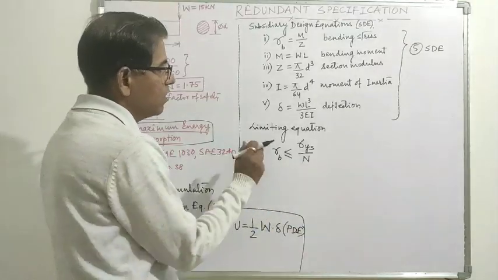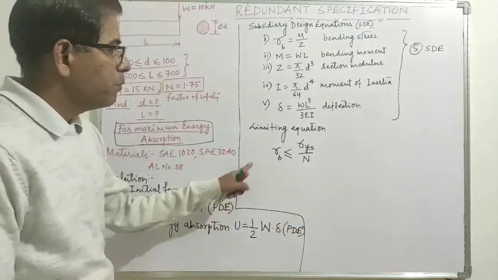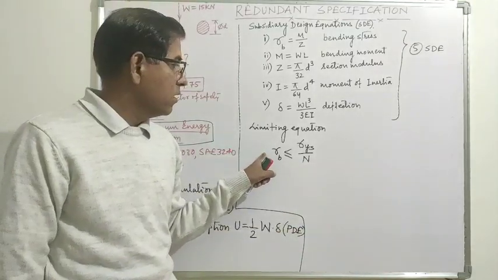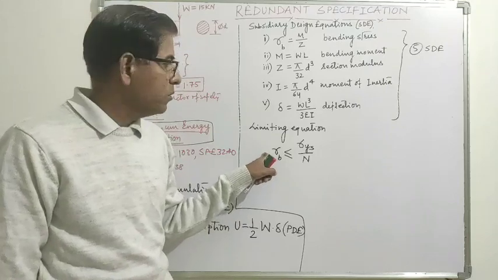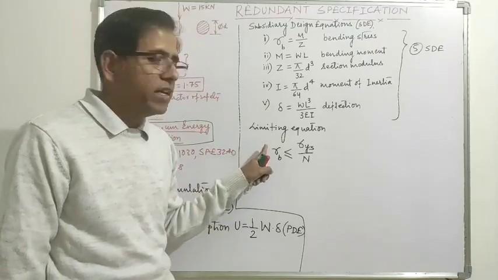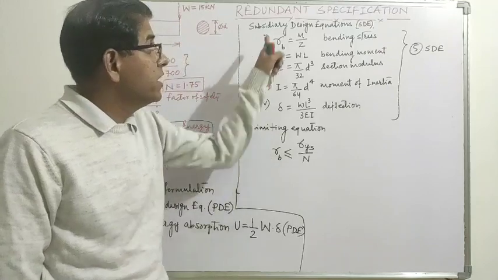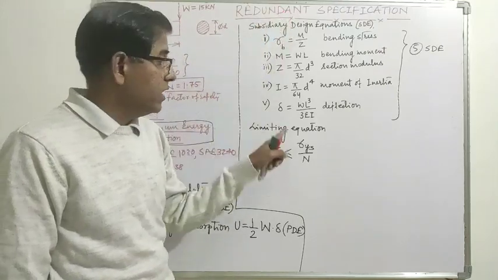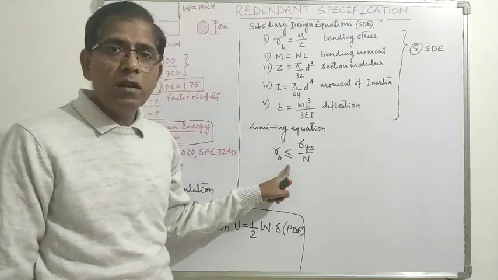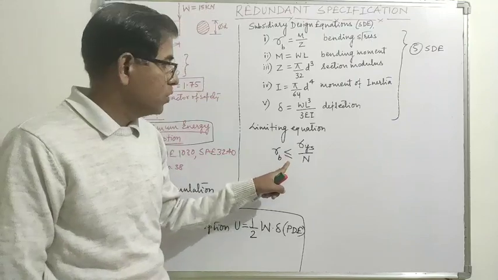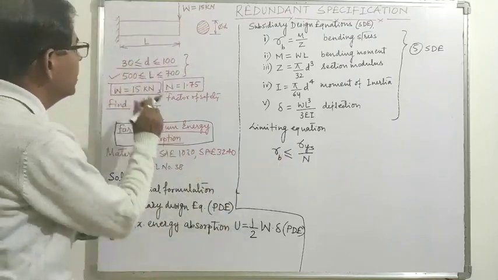So this is the first limiting equation. But in the normal specification problem there is only one limiting equation, whereas in a redundant specification problem there is more than one.